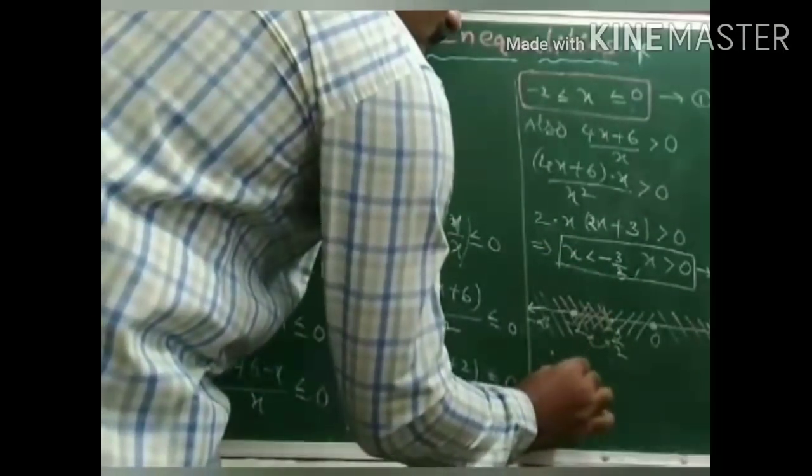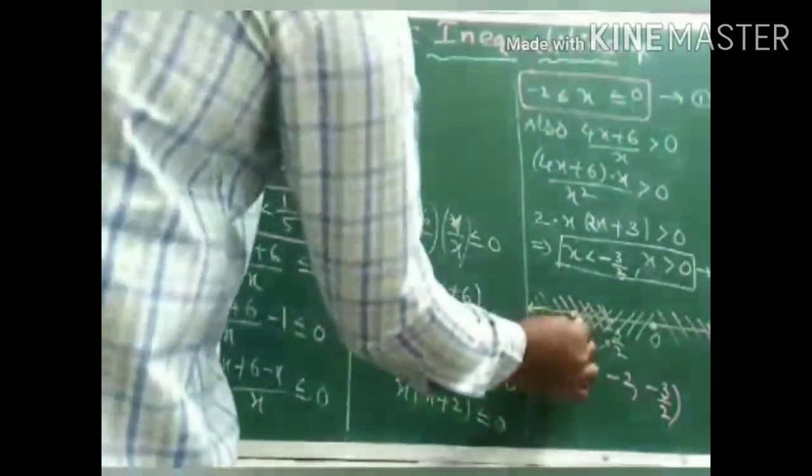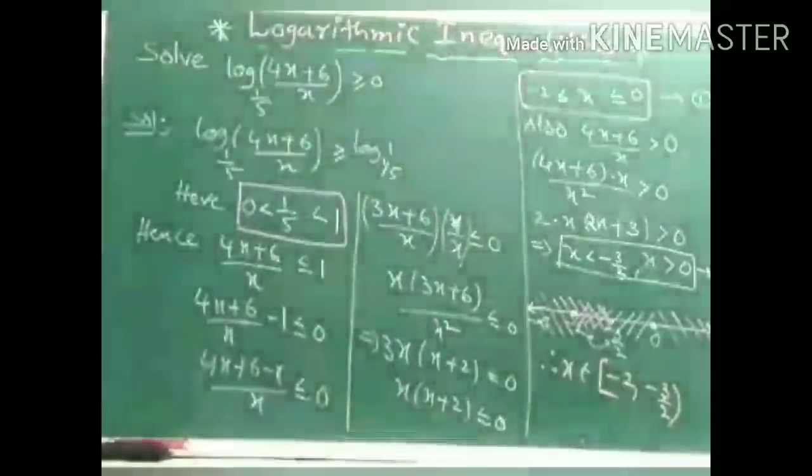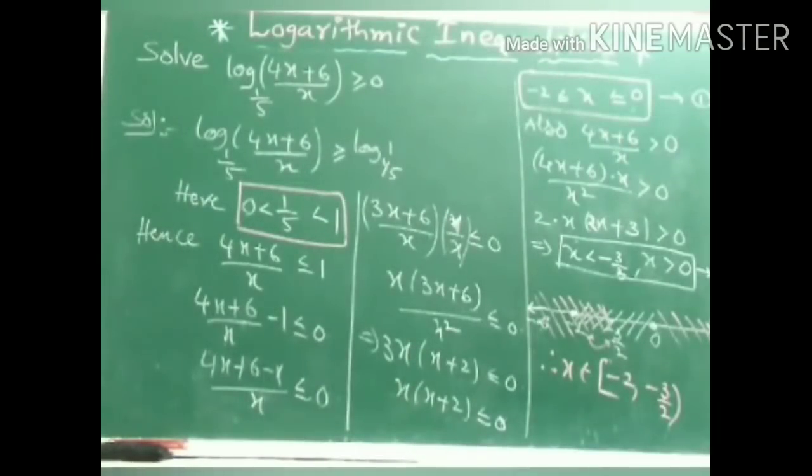Hence, x belongs to minus 2 to minus 3 by 2. Especially minus 3 by 2 is an open interval, whereas minus 2 can be included, so it is a closed interval. So finally, the values of x belong to the closed interval minus 2 comma minus 3 by 2 open.